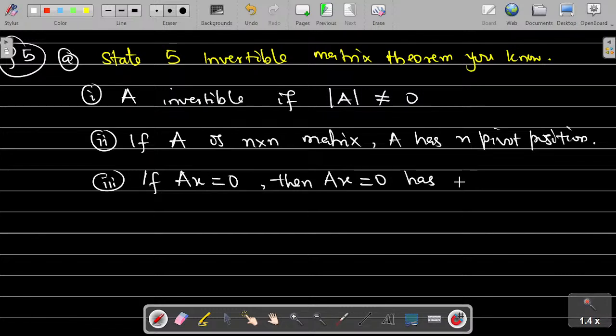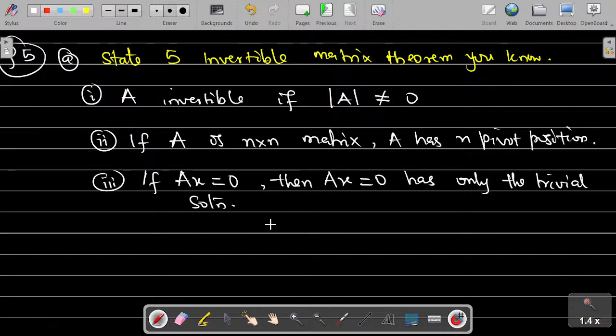Only the trivial solution. So if AX is equal to 0, then it has only the trivial solution.